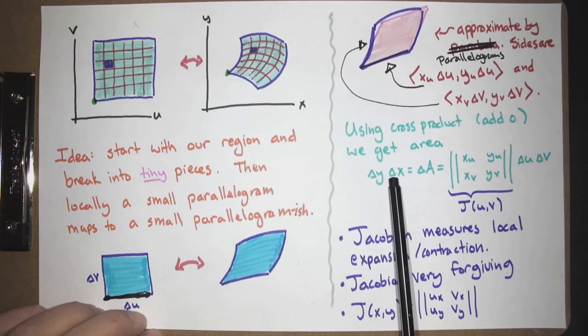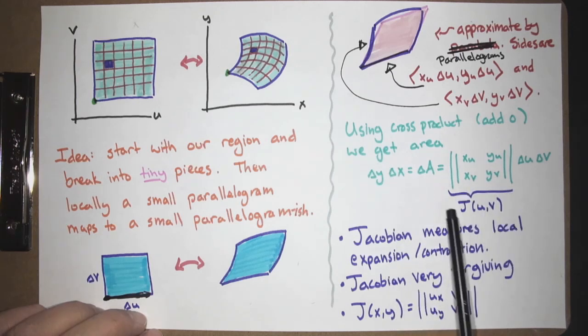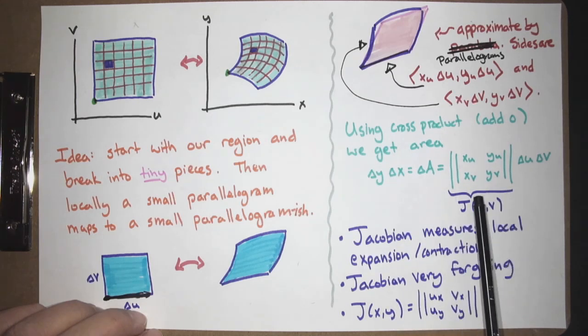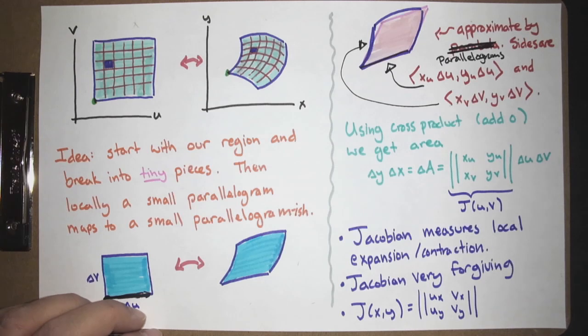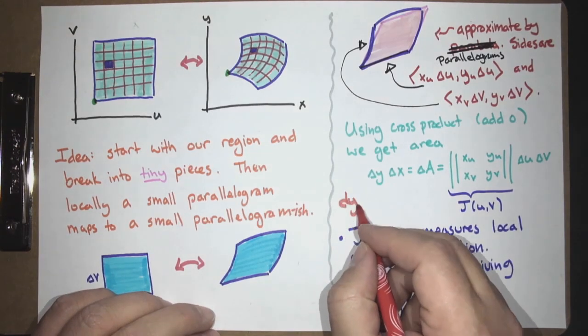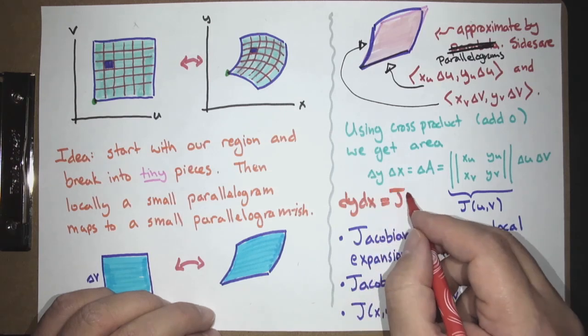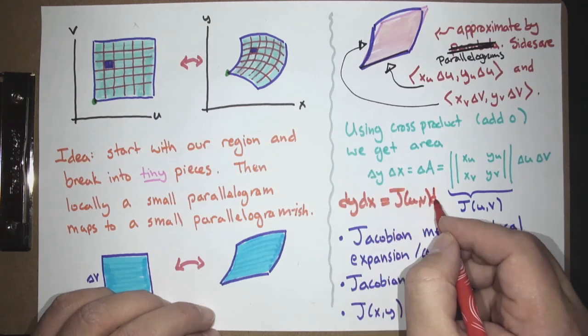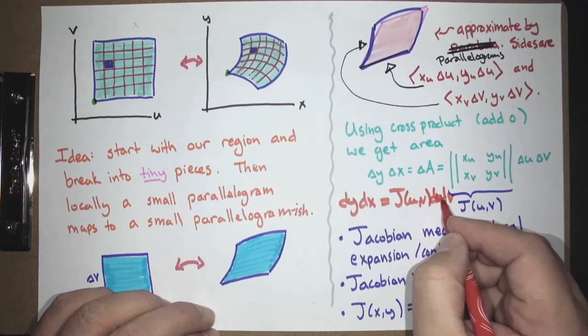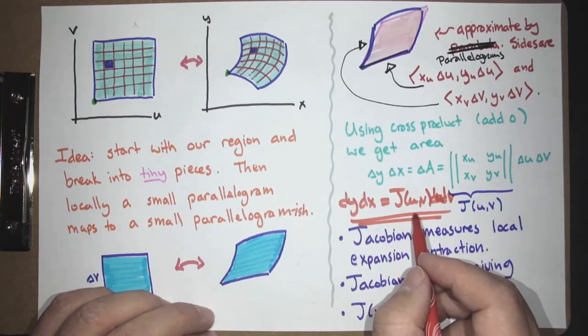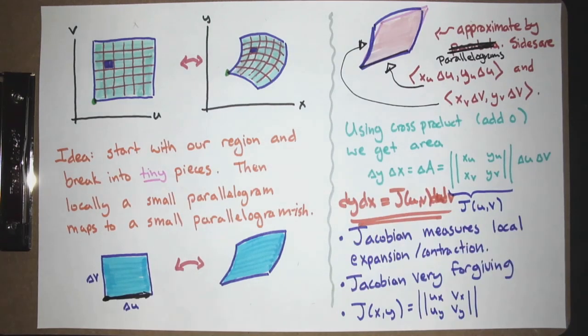Delta y delta x is roughly this Jacobian delta u delta v. So in the limit, I can say dy dx becomes this Jacobian du dv. So that's the idea. This part, the Jacobian, that's what we were after.